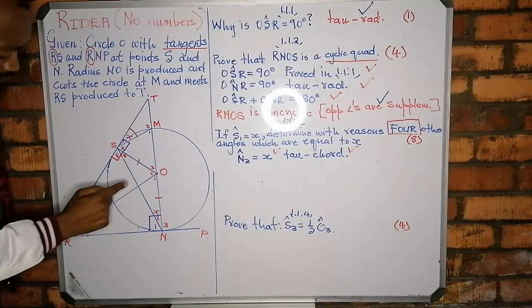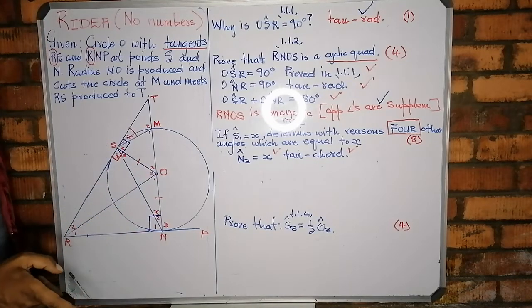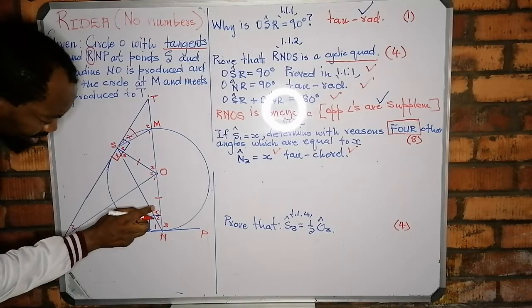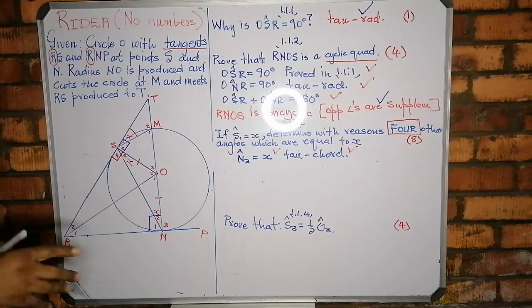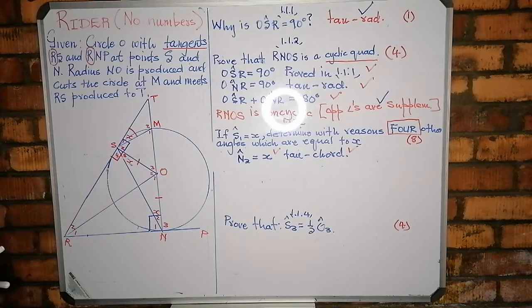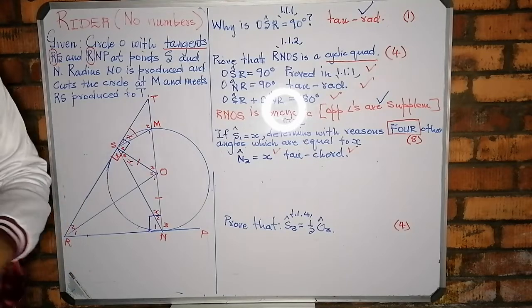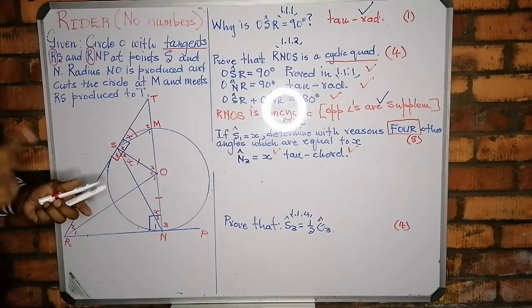Now, can you see that? Triangle OSN is now an isosceles. What does that mean? It means that this angle is equal to that angle. Can you see that all the answers are there? I did not go to any of my friends or call anyone for answers. I'm getting them from here.